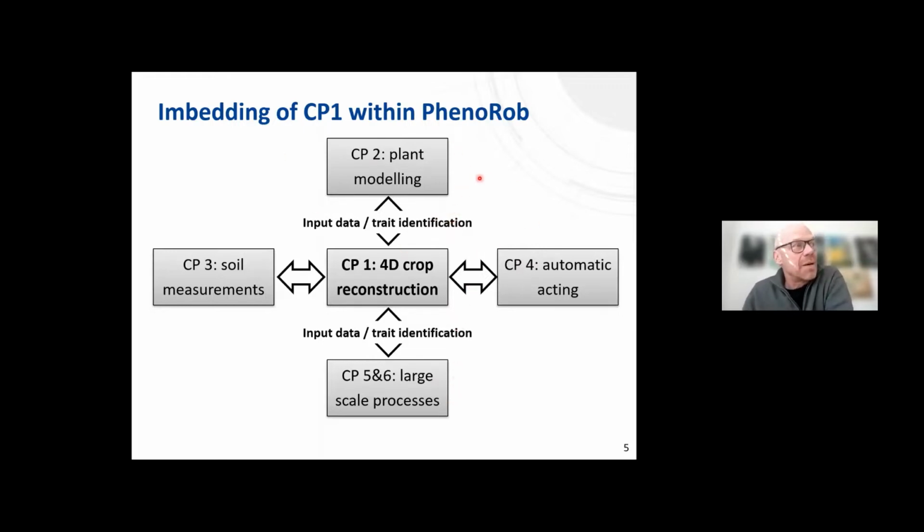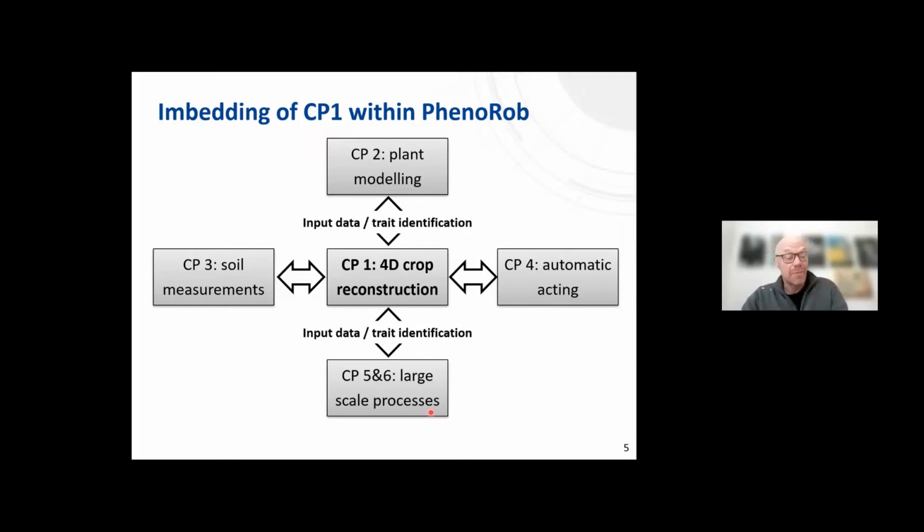For plant modeling in CP2, we are providing data and listening to the needs expressed by the plant modeling people. And our detailed understanding in CP1 of the 4D crop plants is then the basis for the larger-scale processes, which is attempted in CP5 and CP6.